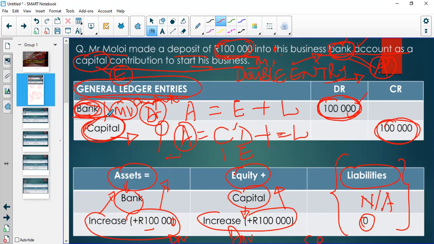All of that would be considered capital contribution by the owner. So it's not always cash. It's any contribution by the owner. We just have to identify the form of the contribution. In this particular case, it was cash, so it's bank. It could be equipment, it could be machinery, so we would have the machinery account being debited.